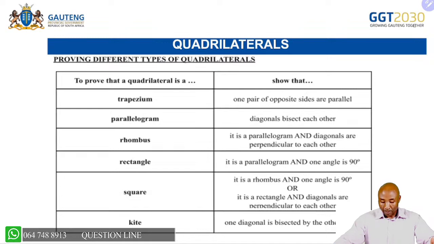To prove a rhombus, you know that all the properties of a parallelogram apply and the diagonals are perpendicular to each other in a rhombus. In a rectangle, we know that all the properties of a parallelogram apply.